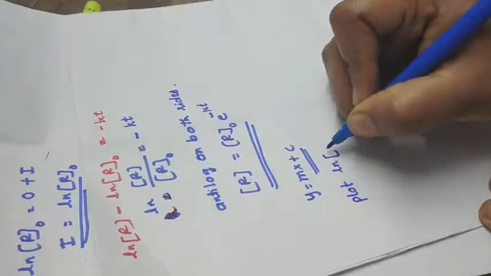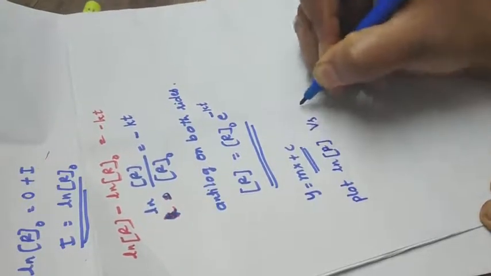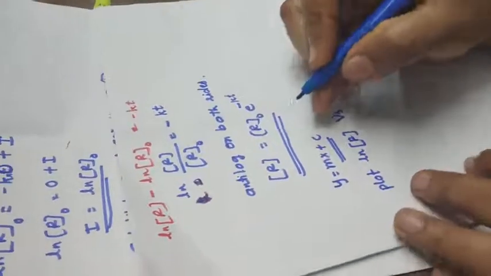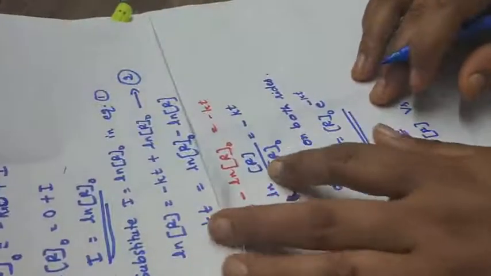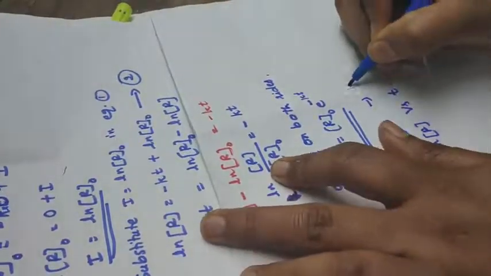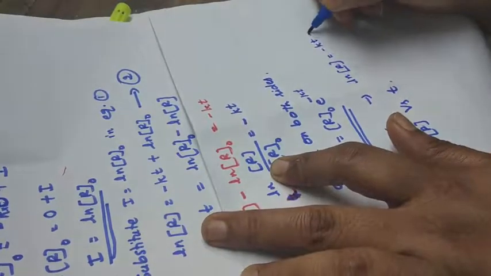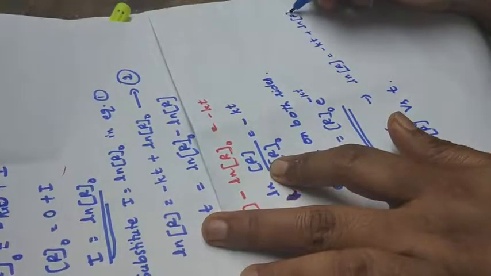So we are comparing with ln r equal to minus kt plus ln r naught.